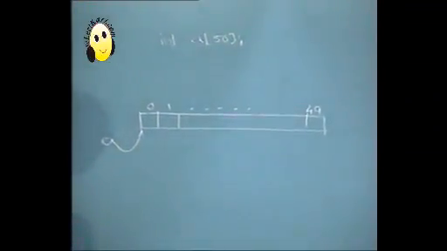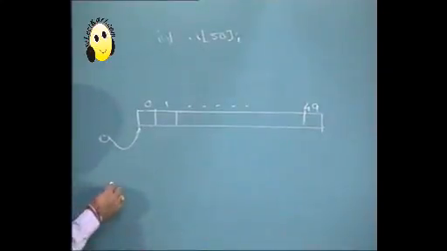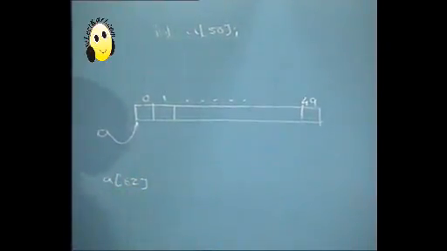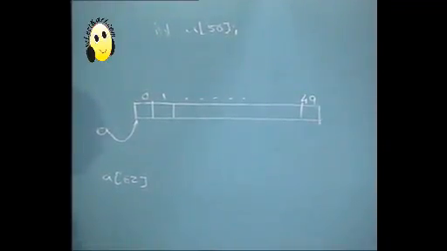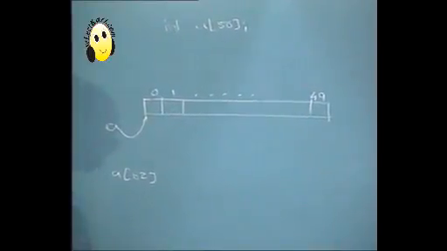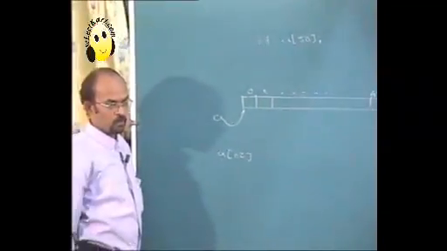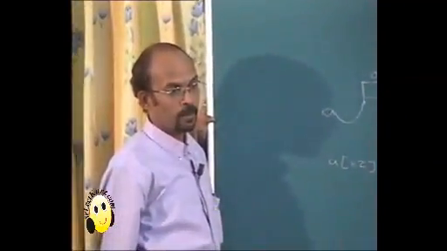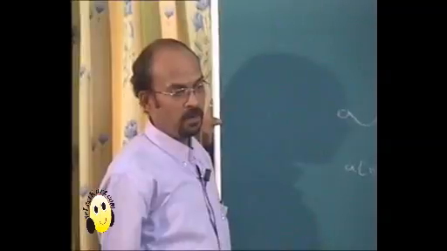Now, if I try to handle some position like a[62], will I get any error? The program will compile, but while executing, what will happen?